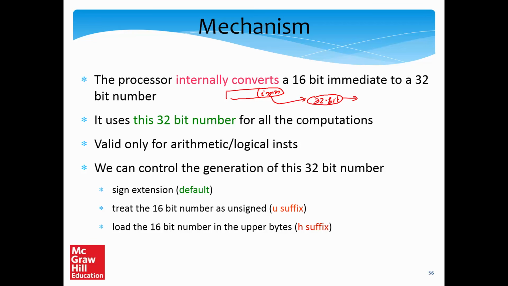So for all arithmetic logical computations, this 32-bit immediate would be used. So we can control the generation of this 32-bit number internally. The default is sign extension, but we can treat the 16-bit number as unsigned with a U suffix or load it in the upper 2 bytes, the most significant 2 bytes, with the H suffix.